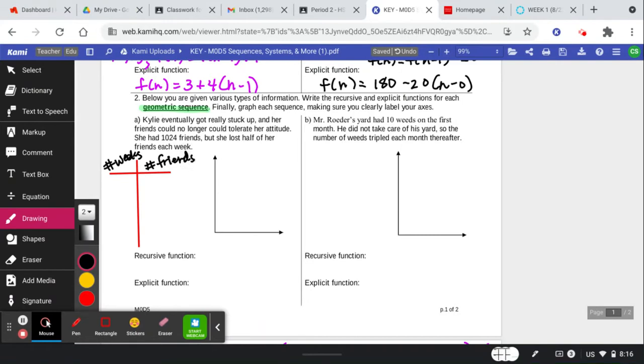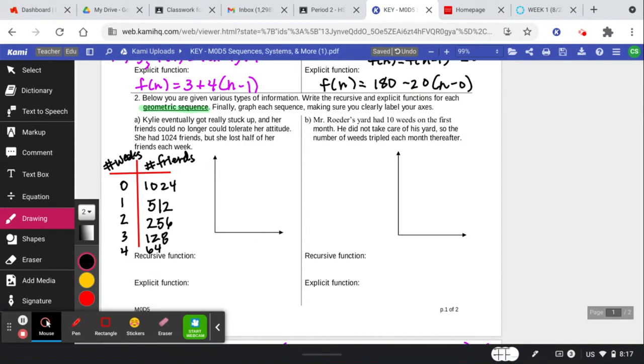She had 1,024 friends before we start counting the weeks. And then each week she lost half. So half of 1,024 is 512. Half of 512 would be 256. Half of 256 is 128. Half of 128 is 64.